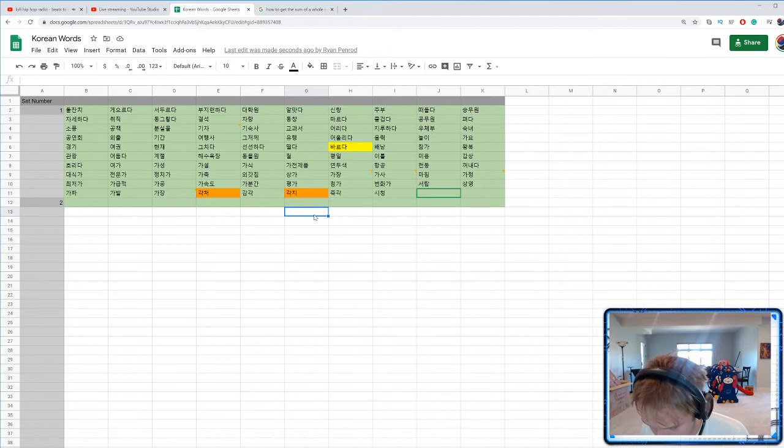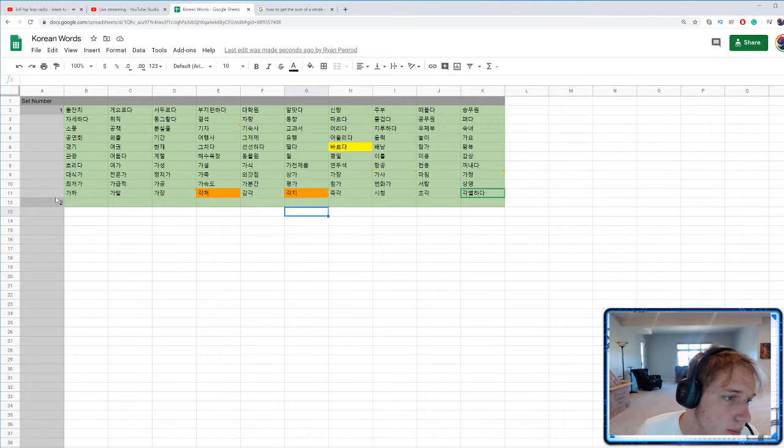Carving sculpture. Chogak. Last one. Be special particular. 각별하다. Okay. 1, 2, 3, 4, 5, 6, 7, 8, 9.